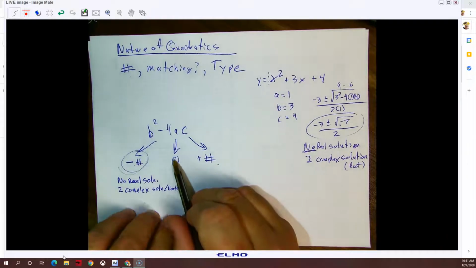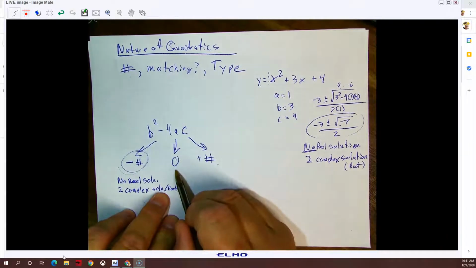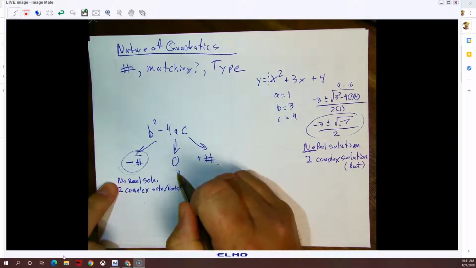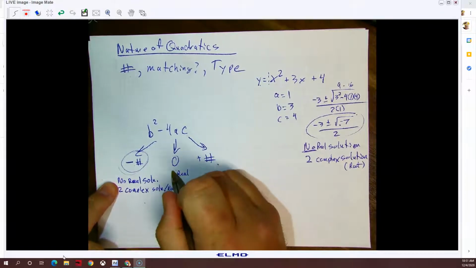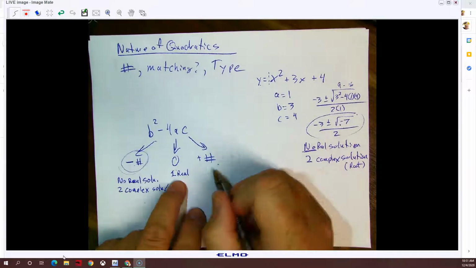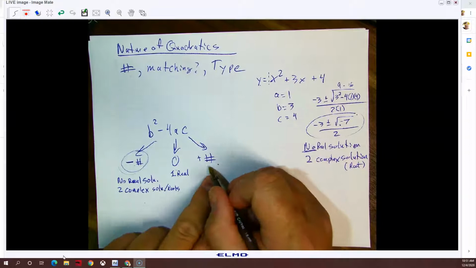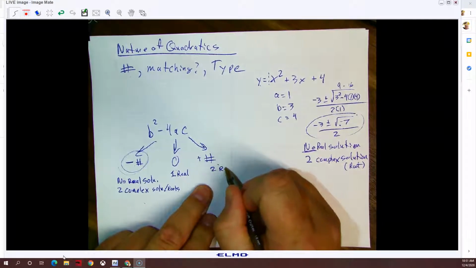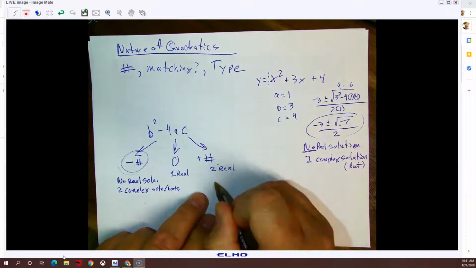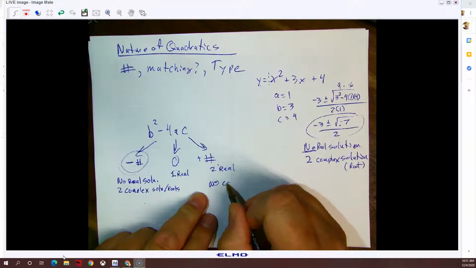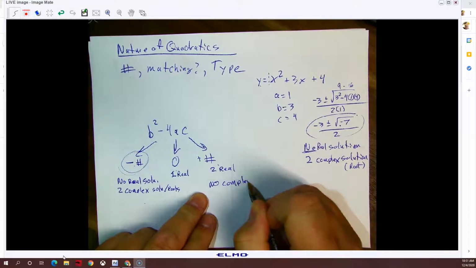Now, you also have 0. If you got 0 for the discriminant, that means that you do have real solutions, but you're only going to have one real solution. We'll talk about that in a second. Finally, with the discriminant, you could have a positive number, and you're going to have two real solutions and no imaginary solutions or no complex solutions.